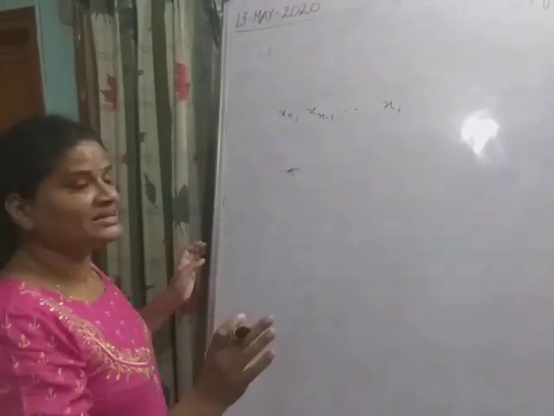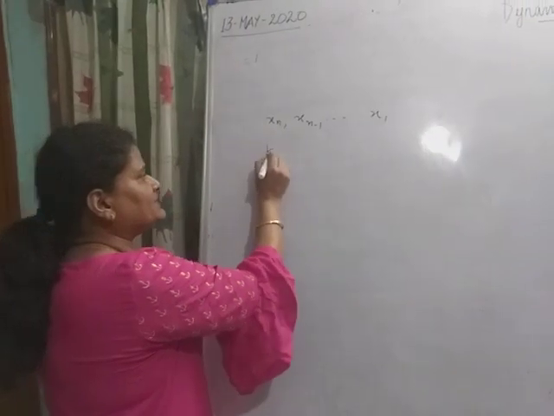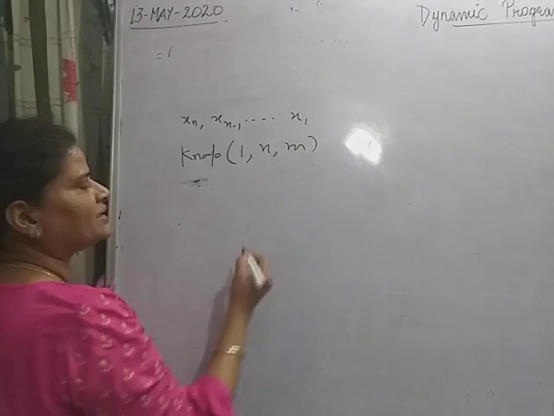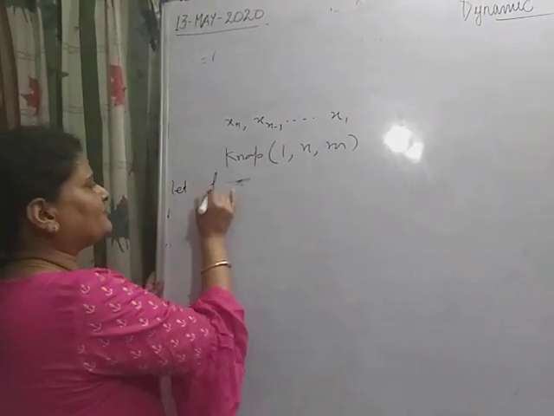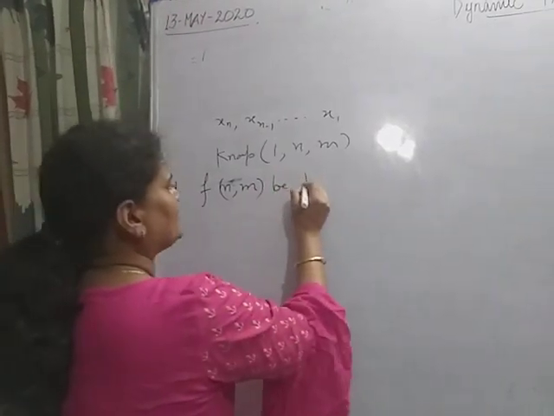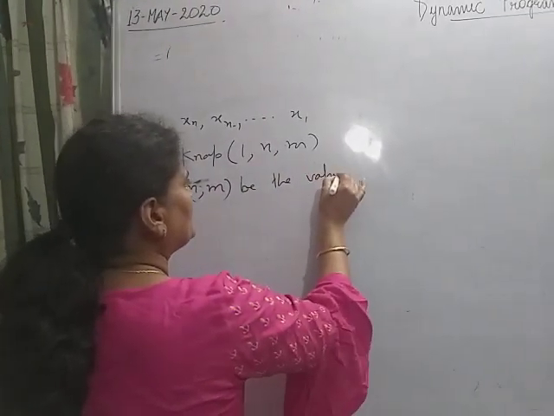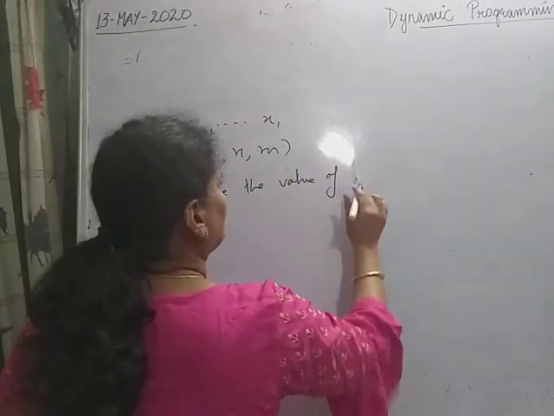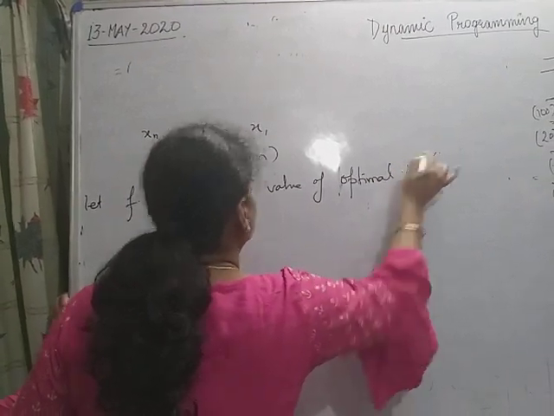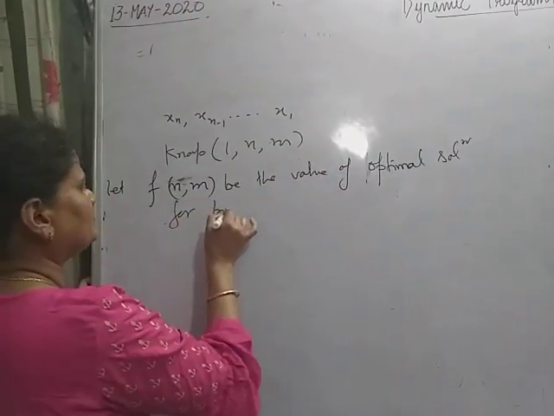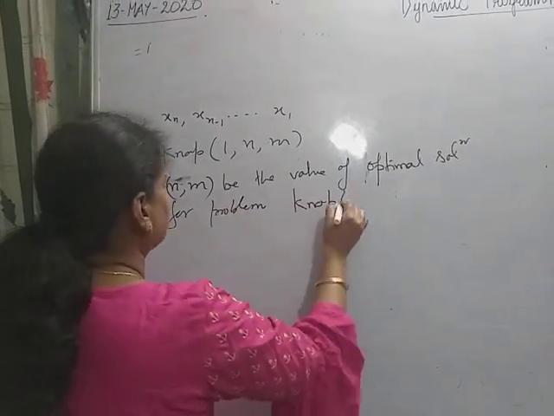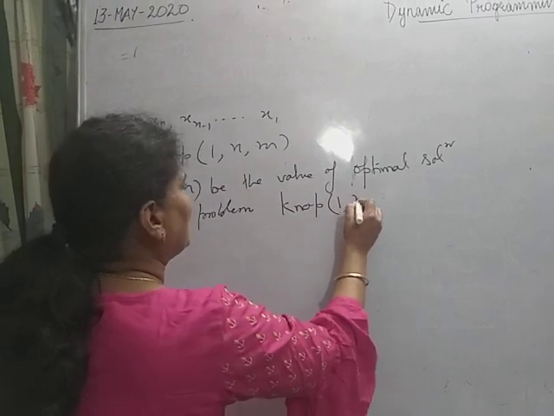So the initial problem state is knapsack(1, n, m). Let f(n, m) be the value of the optimal solution for the problem knapsack(1, n, m).